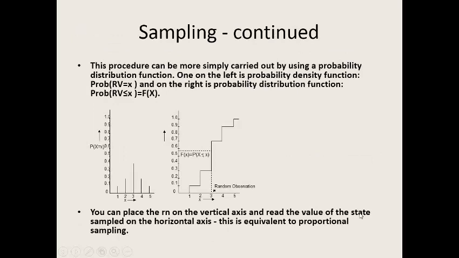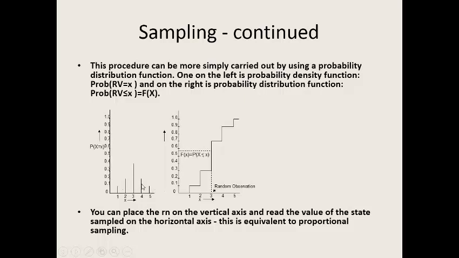In practice, it is more convenient to arrange this rule in the form of a probability distribution. If you look at the probability density function of this component that we have discussed, with state number 1, 2, 3, 4, 5, then these are the probabilities over here.